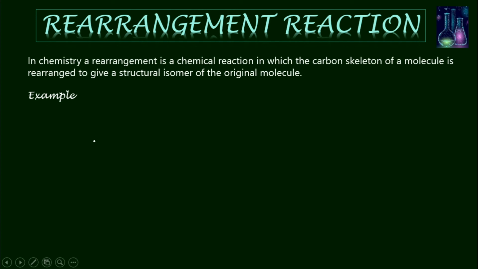In chemistry, a rearrangement reaction is a reaction in which the carbon skeleton of a molecule is rearranged to give structural isomers of the original molecule. Now, the rearrangement reaction that I'm taking as an example is a very famous reaction that is called Hofmann's rearrangement. There are a large number of rearrangement reactions. I'm just picking out one example. So the molecule here is RC double bond O NH2.